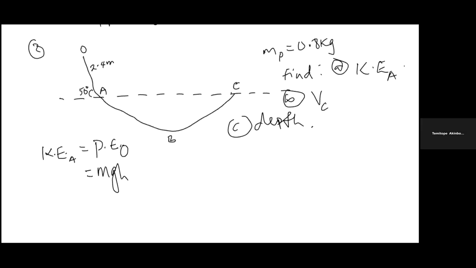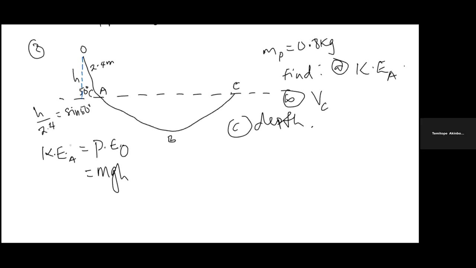If you draw a vertical line from O, don't forget that OA is a straight line. I can find this vertical height H. Opposite over hypotenuse equals sine 50.